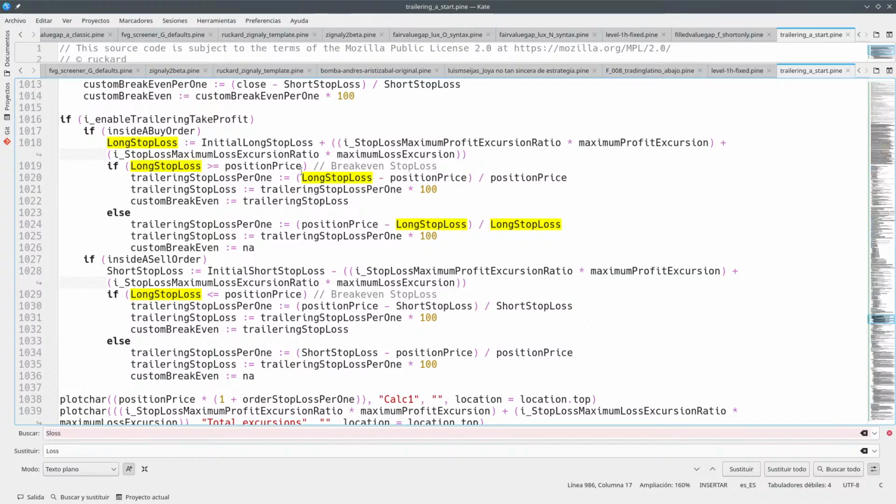So this is a break even stop loss, and here we have something different, which should be: if this short stop loss is below position price, then you do something, otherwise you do something else.